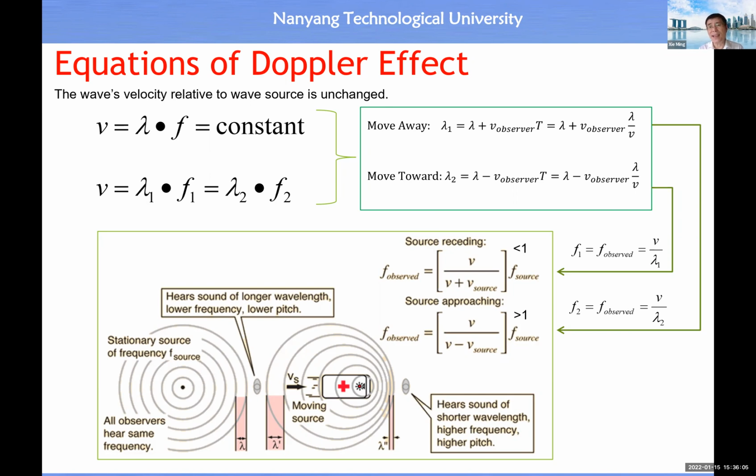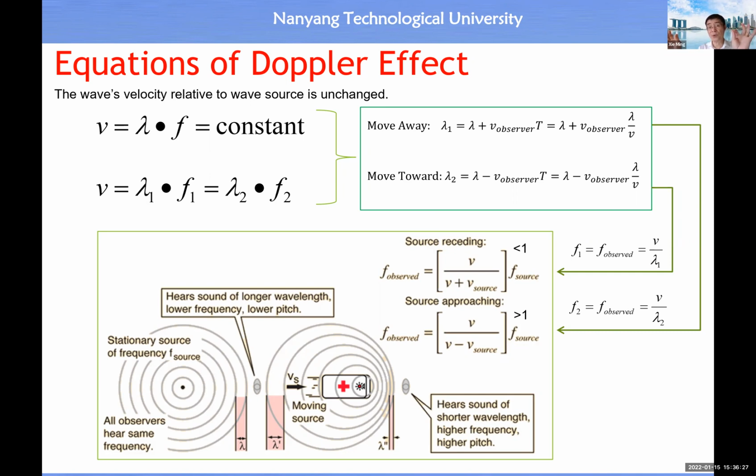frequency. How it works, basically, we just look at a single cycle. Within one cycle, because then it's easier for you to understand, the wavelength is the travel distance per cycle. Within one cycle, the cycle time is t. What should be the relative velocity between the source and the observer?